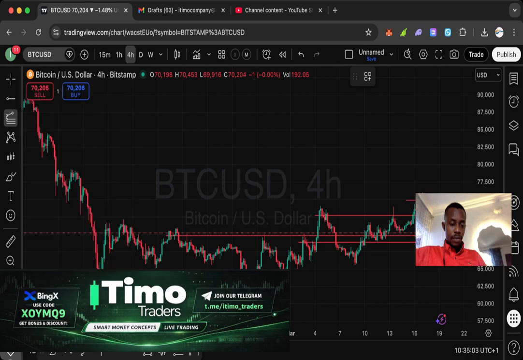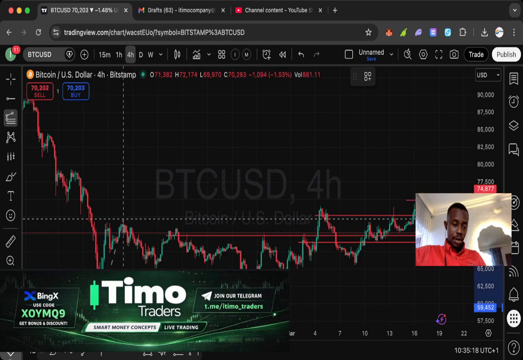You take it for the downside: take it from the low, then to this high here, the very high of this move, then to the very low of this range. All right, so I would like to draw this down.